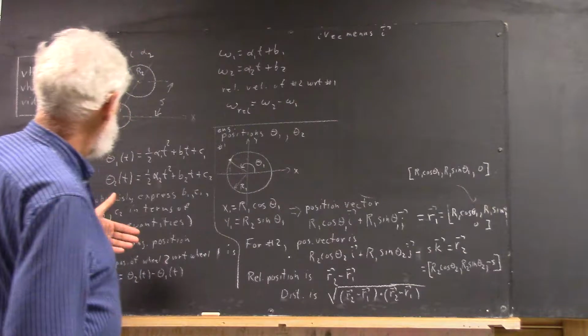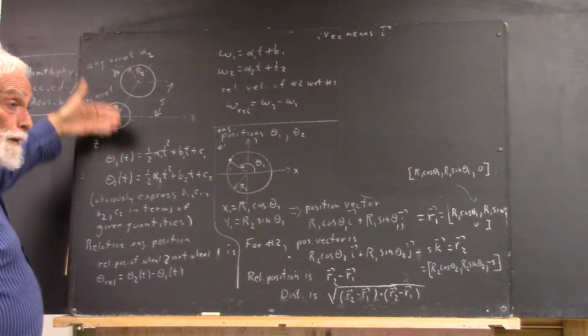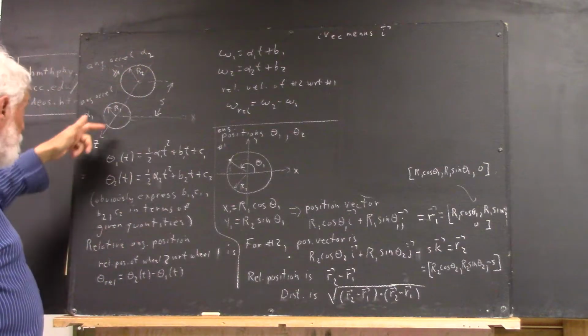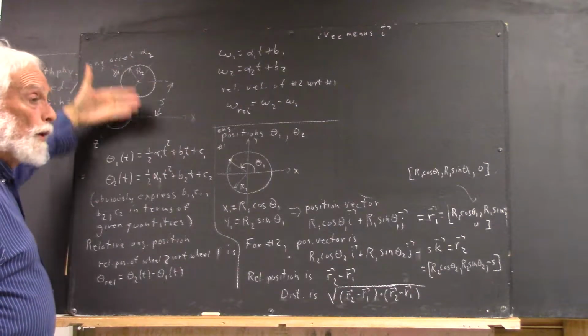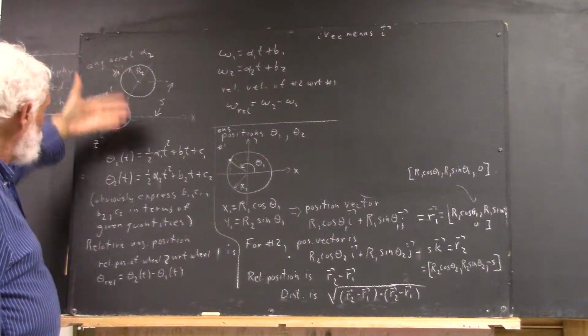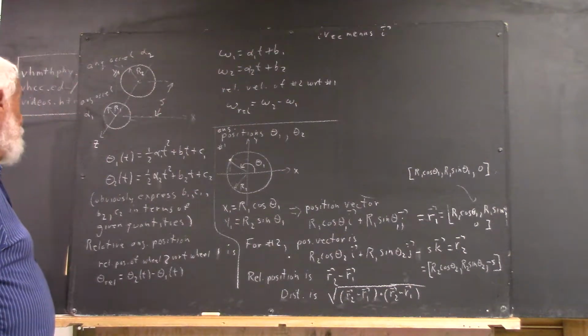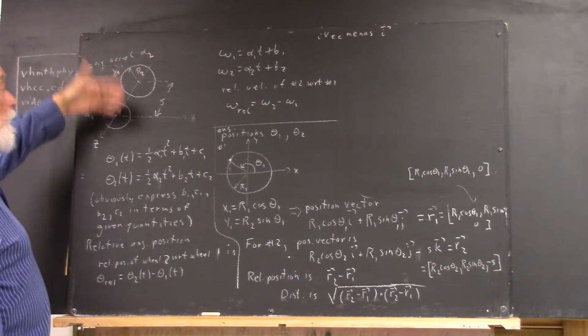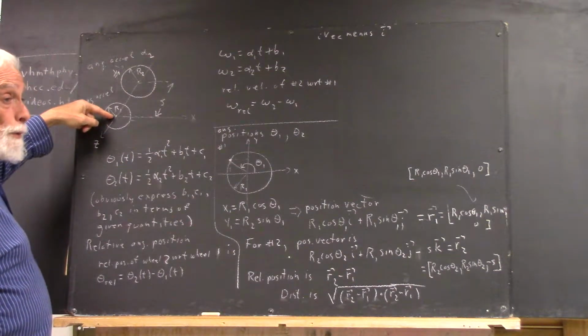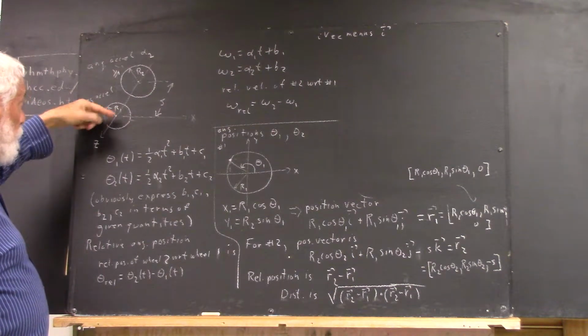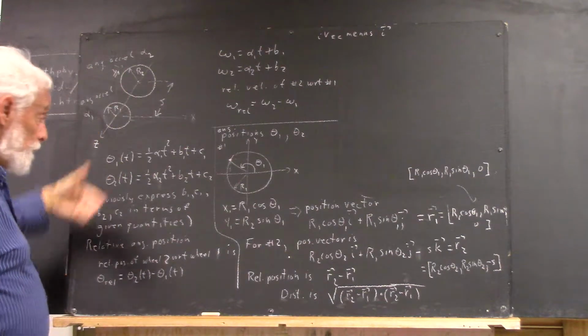Your z position: every bit of your wheel is in the xy plane, perpendicular to the z-axis, with your center at the origin, with z equals 0. So z is 0 everywhere on this wheel.